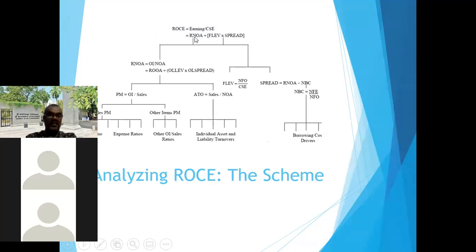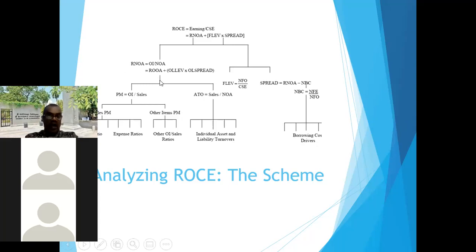If there is any difference, assume that return on net operating asset is 15, return on operating asset is 11, then 4 has come from operating liability leverage. Then we need to identify this. Why do you need to identify this? To further investigate, to see the possibilities of manipulating your operating liability leverage.